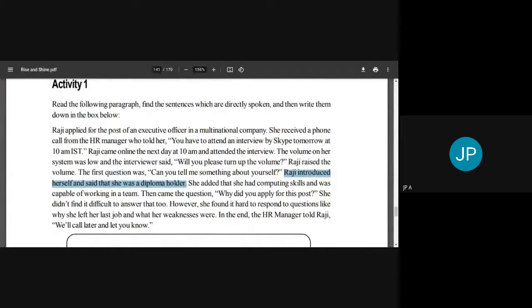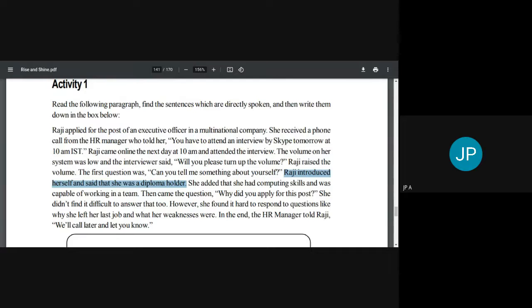When Raji is saying, I am Raji, I am a diploma holder, then I can put it within inverted commas. But here, in this sentence, it is not Raji saying; the person who has written the paragraph is telling about Raji's speech. Raji ingane paranju ennu verralu parayanu.